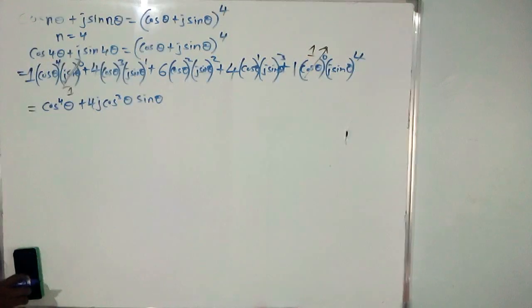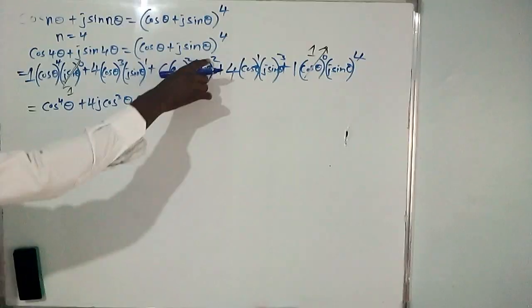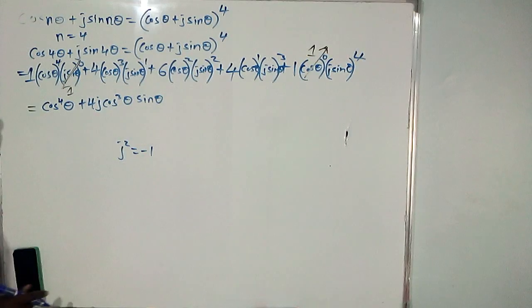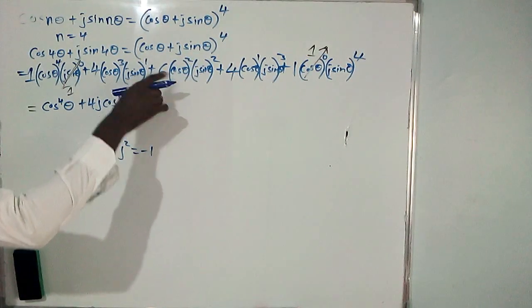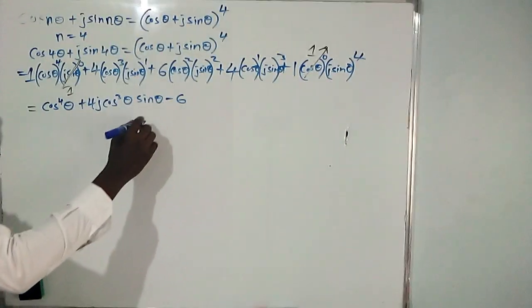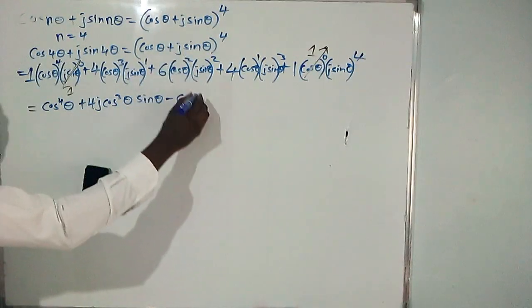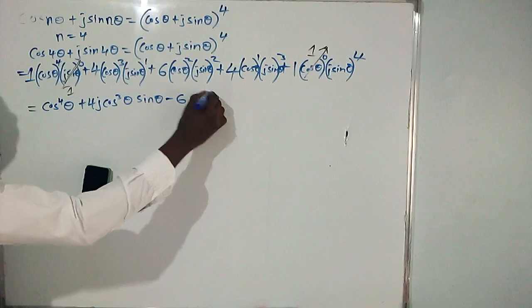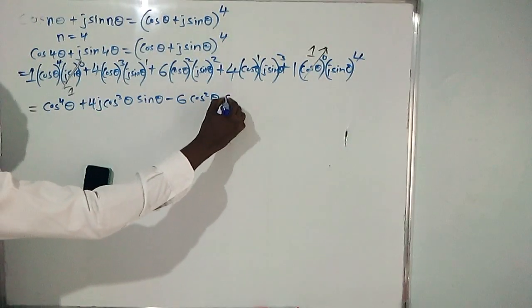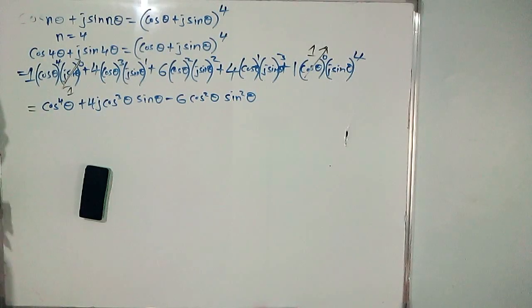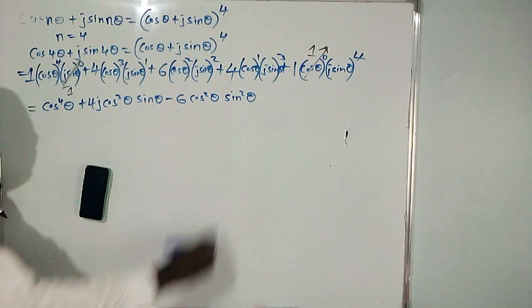You move to the third term. j raised to power 2 is negative 1, so negative 1 times 6 gives negative 6. Then cos²θ and sin²θ. You are done with the third term. Go to the fourth term.